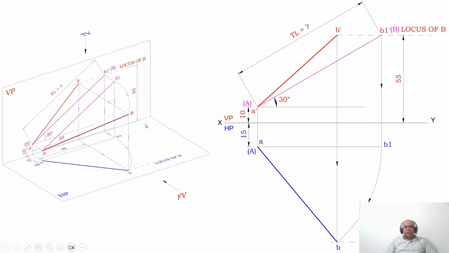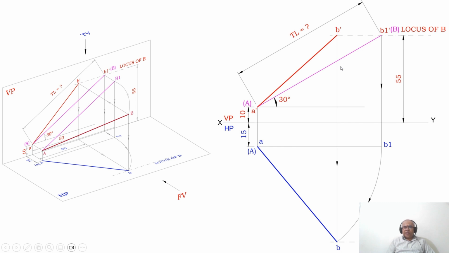Now how to do that in your drawing? Till now we know how we are able to get it. Now I want the top view point. Where should the top view point of B lie? The top view point of B should lie on this particular end projector line, where B dash is here.